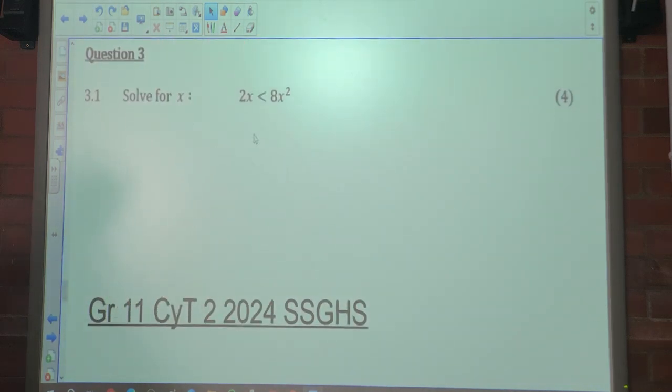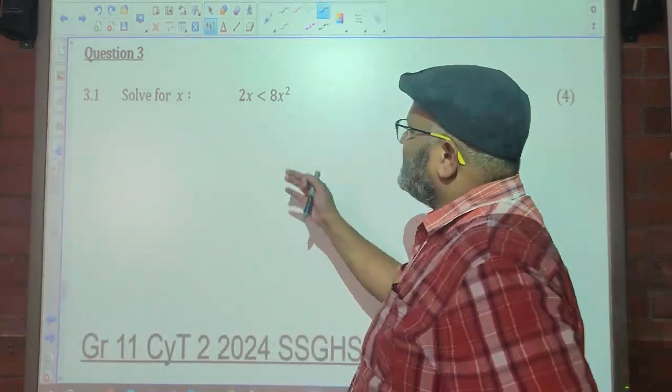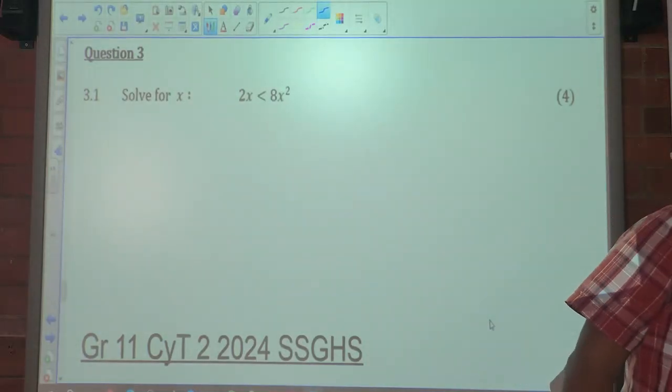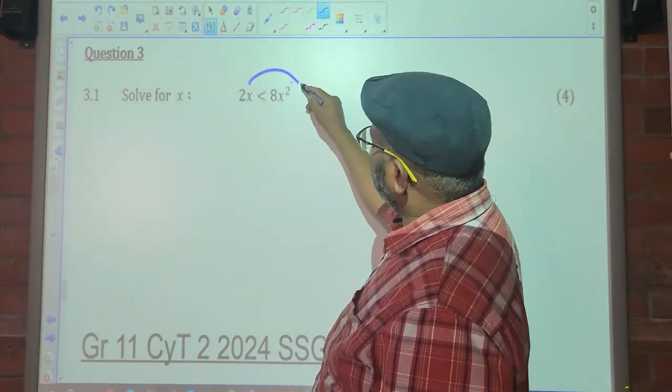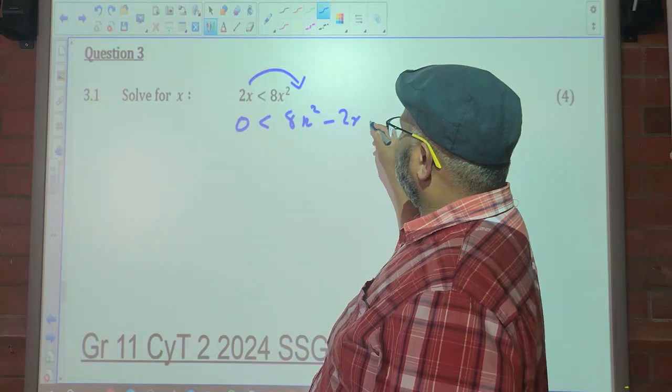But now, when it came to the easy part, I couldn't understand. People, the question says solve for x. What type of sum is this? Inequality. This is exercise 2.16, we did this not too long ago. Take it over the equal sign. So I get 8x squared minus 2x.